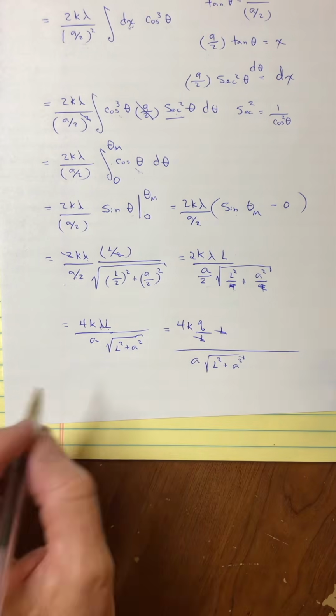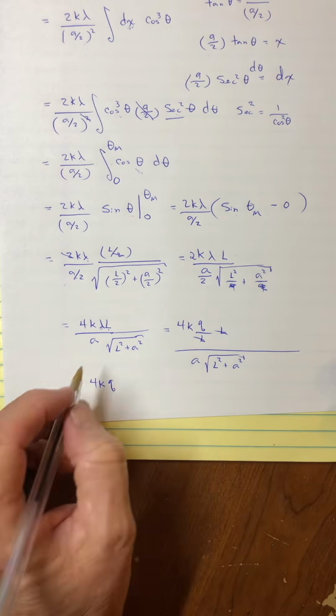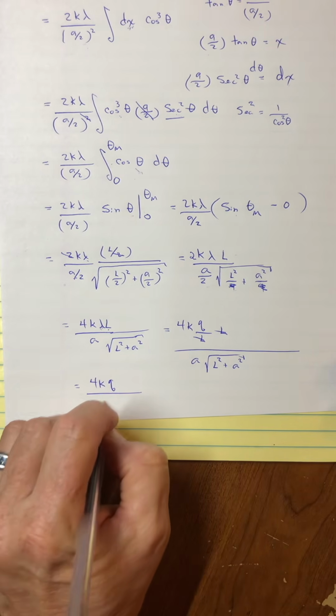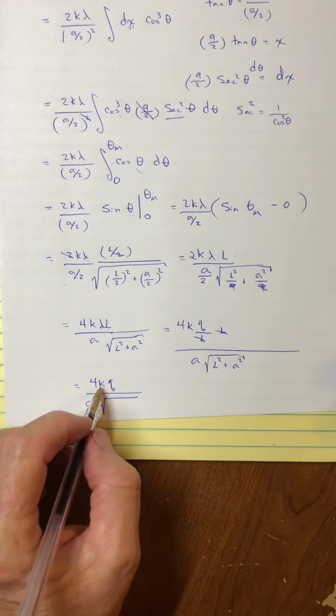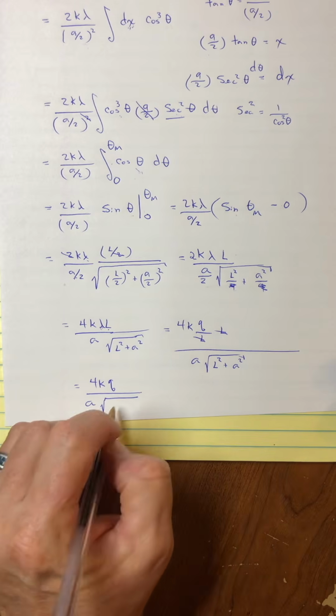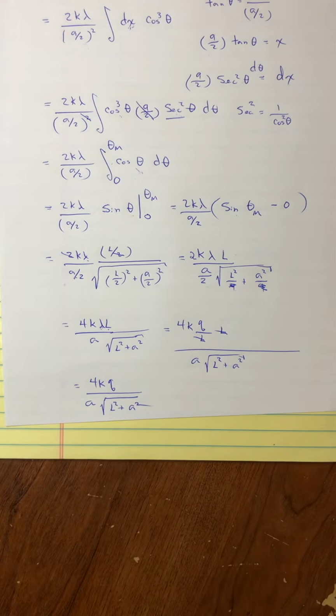And so the L's cancel off. And so finally we get 4KQ over, and then we got an A. And then we've got an L squared and an A squared.